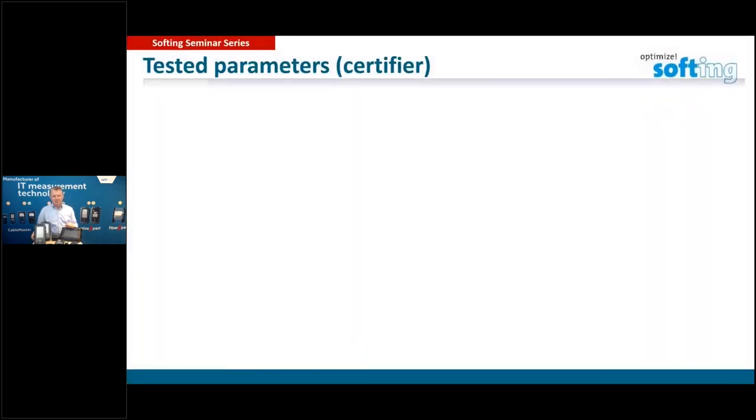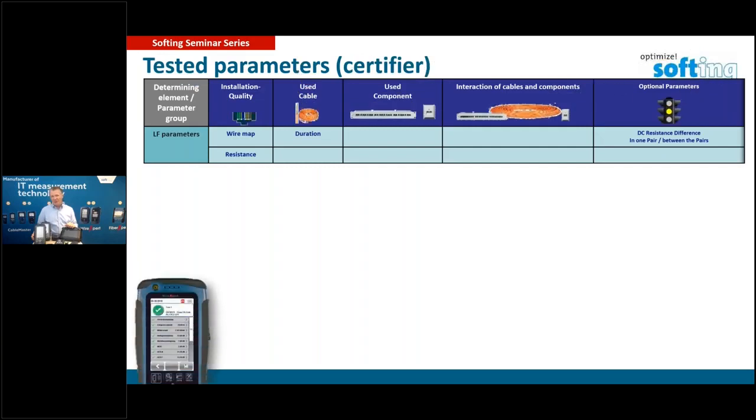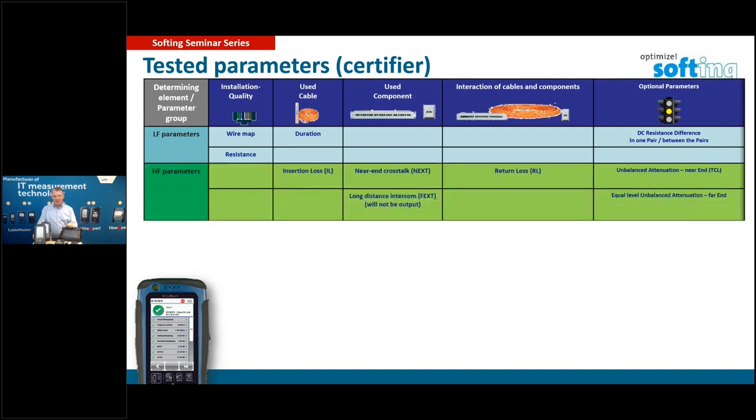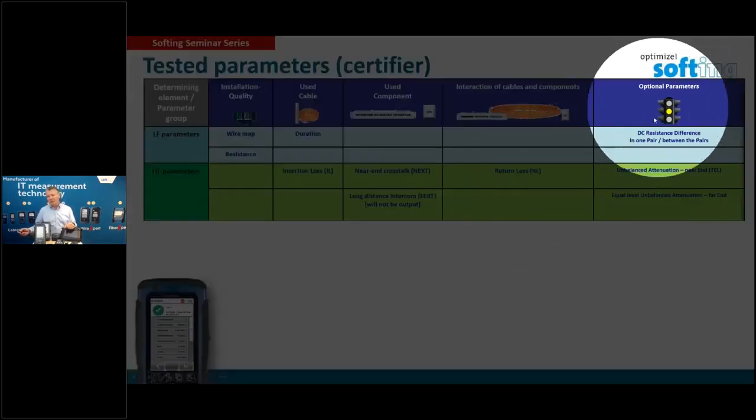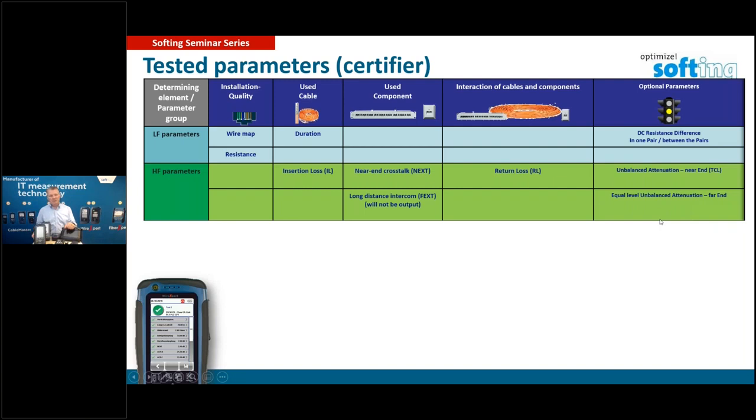Let's go ahead. What's tested by a certifier? It has low frequency parameters like DC resistance, wire map, and so on. We have high frequency parameters like near-end crosstalk, the next parameters, the return loss, the insertion loss, and so on. We have some optional parameters, which are new here in this column.